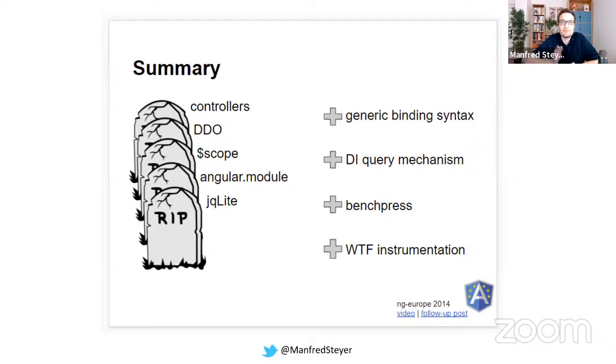We don't need this anymore because the web has evolved, as mentioned. Also, there was a tombstone for jQuery or jQuery Lite. We don't need it anymore because the DOM has evolved. And there is a tombstone, you see it here, with Angular module. This was also something we thought we won't need anymore, because now ECMAScript has a module system of its own. You know, import, export on top of our files.